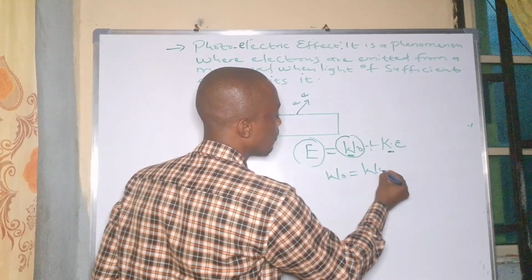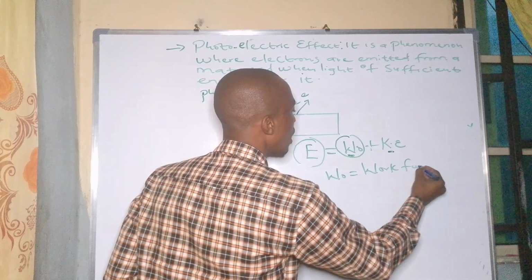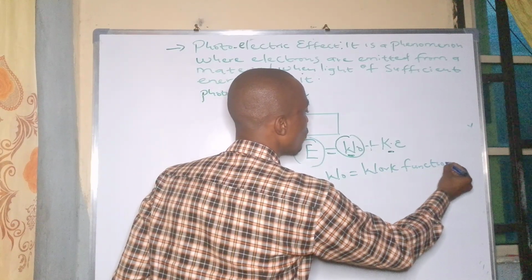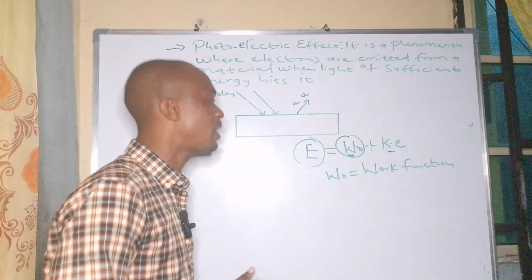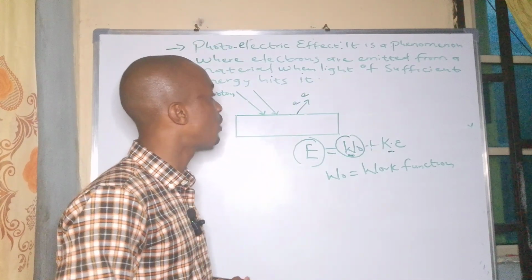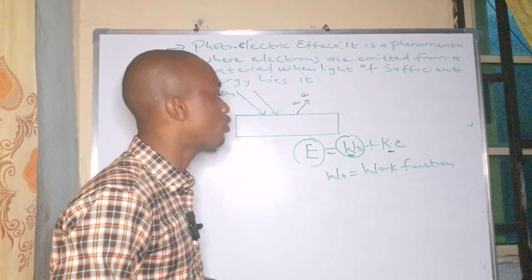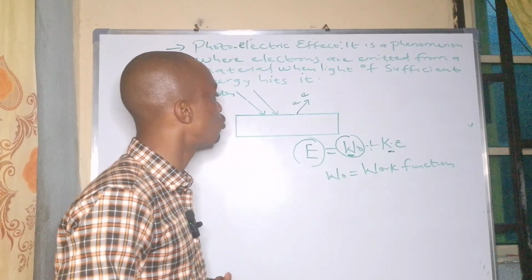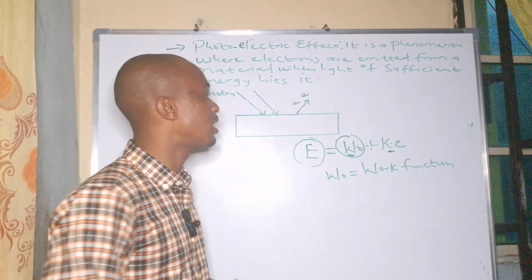Work function. Let me explain what work function is. Work function is the minimum amount of energy needed to liberate electrons from the surface of a material or metal, but it may not be sufficient to give them extra kinetic energy.